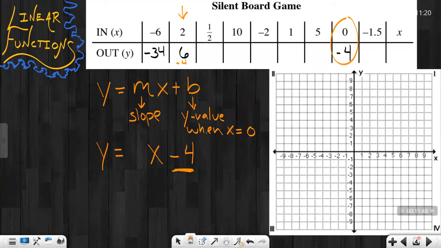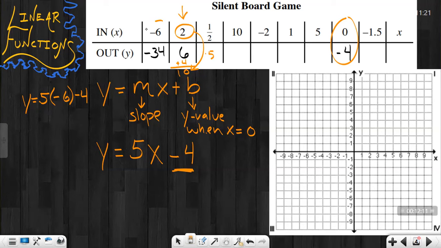Which means if I go backwards and I do 6 plus 4, I get 10. So I need to ask, what times 2 gets me to 10? What do I need to multiply 2 by to get there? Well, I need to multiply by 5. All right, so that tells me my rule is 5x, and I'm going to test that in my other point. All right, just to test it, 5 times negative 6, the other one they gave me, minus 4.